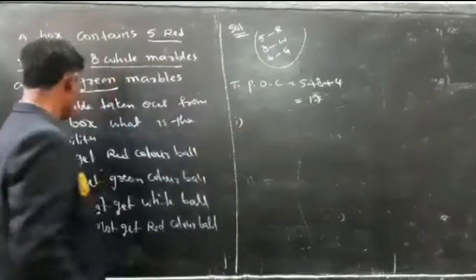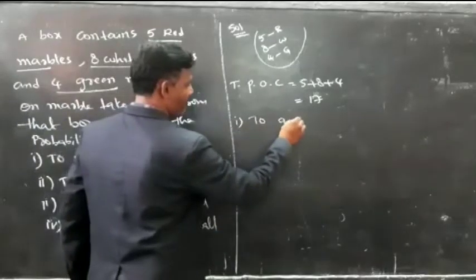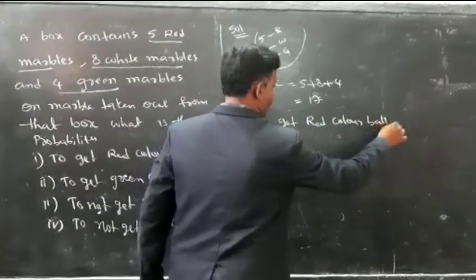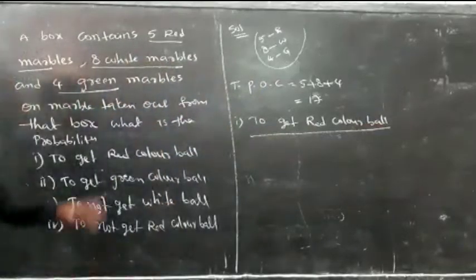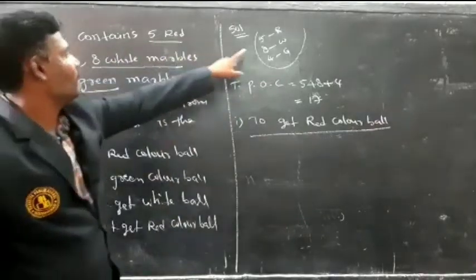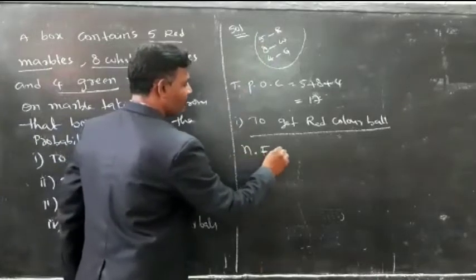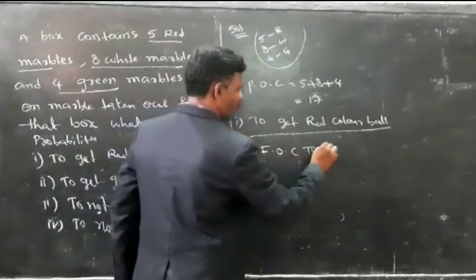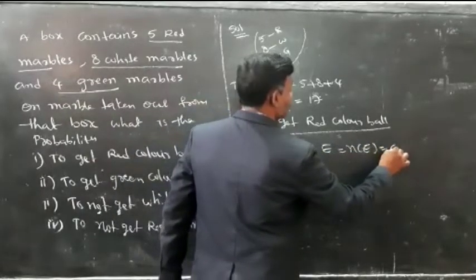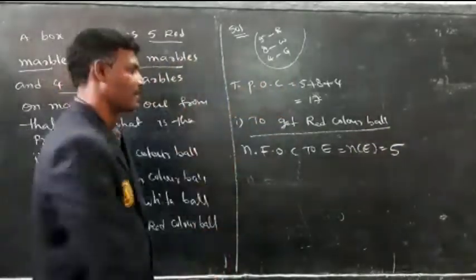What is the first question? To get a red color ball. In that bag, how many red color balls are there? Only 5 red color balls are there. So the number of favorable outcomes, N of E, is equal to 5.